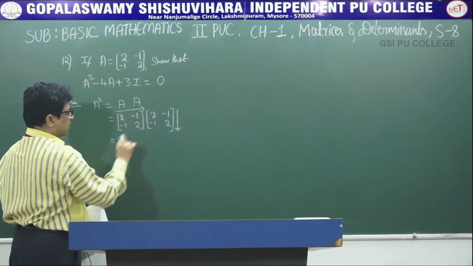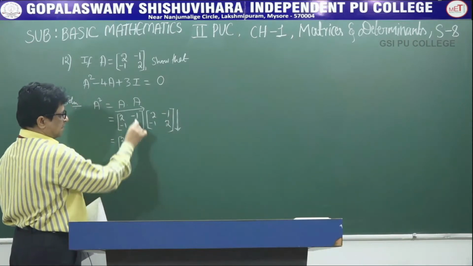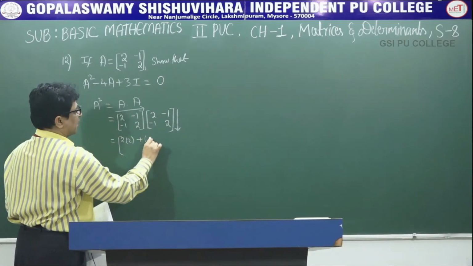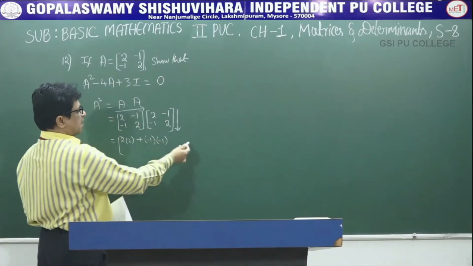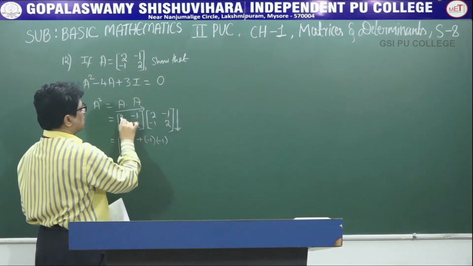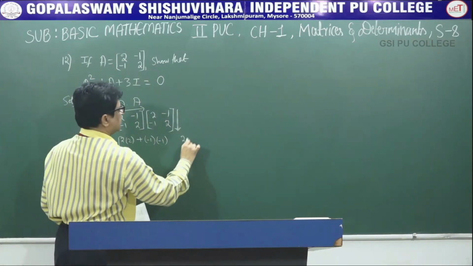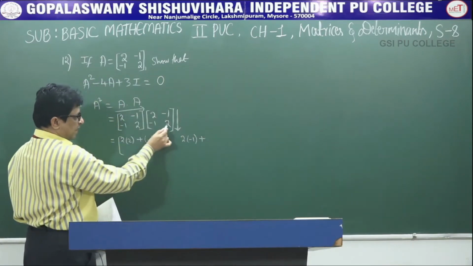So, 2 into 2 plus minus 1 into minus 1. Next element is first row into second column. So, 2 into minus 1 plus minus 1 into 2.